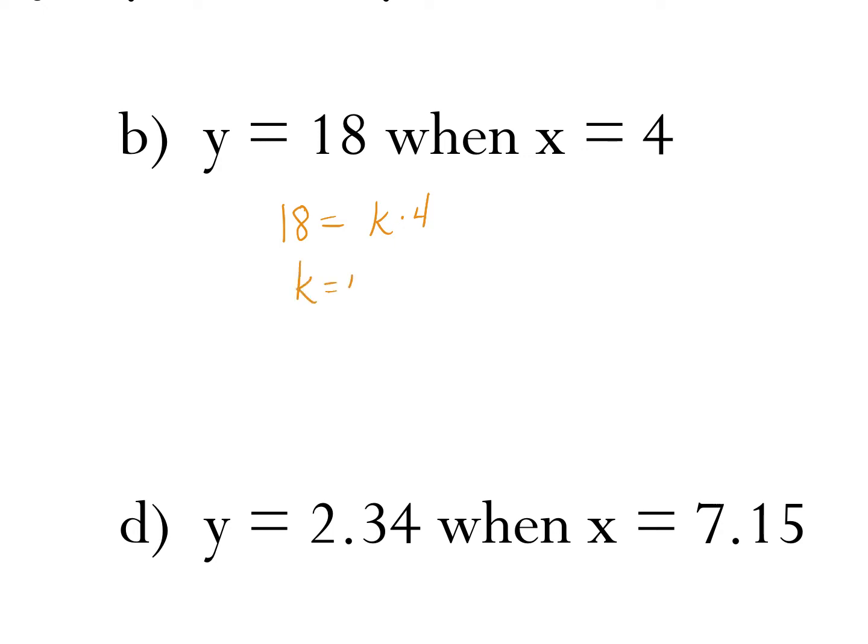And if I asked you to write the equation, how do we get that 4.5? Miss Meister? Yeah. Wouldn't it just be 6? No. So we're going to divide both sides by 4. Yes. 18 divided, if it were 3, it would be 6. Right. So this is a different situation, yeah? Okay, so now I get 4.5 equals k. So my equation is y equals 4.5x.